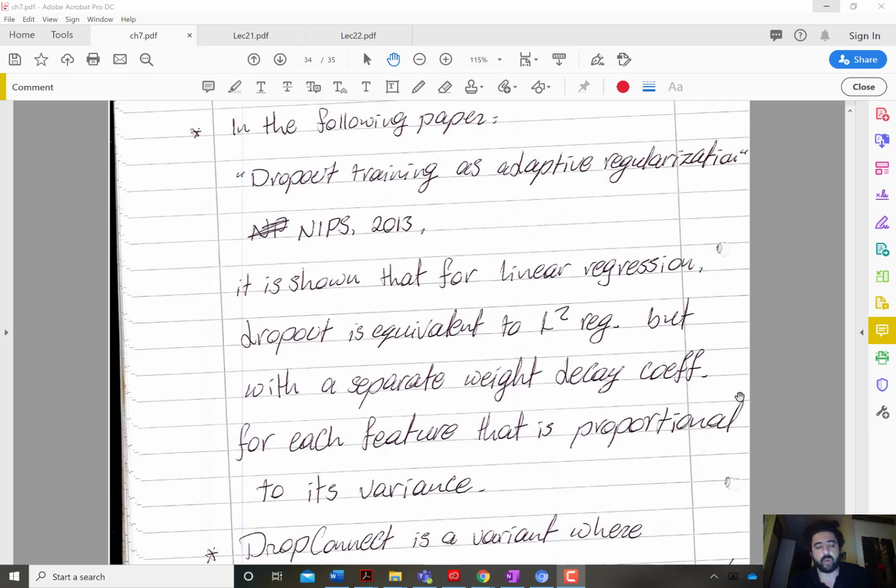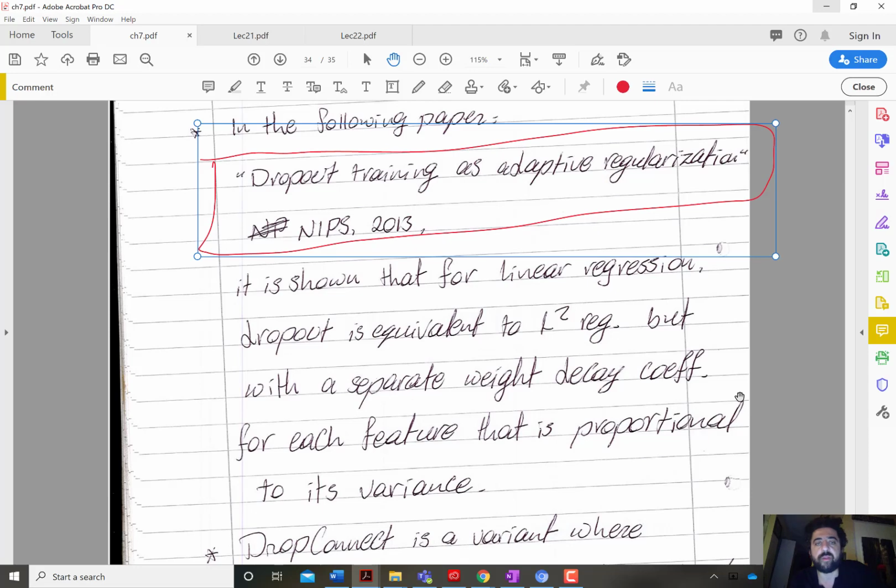So one of the early interpretations of dropout was presented in a 2013 paper in NIPS, the conference. The idea was drawing an analogy of dropout to L2 regularization, because part of how dropout works is the weight scaling inference rule.